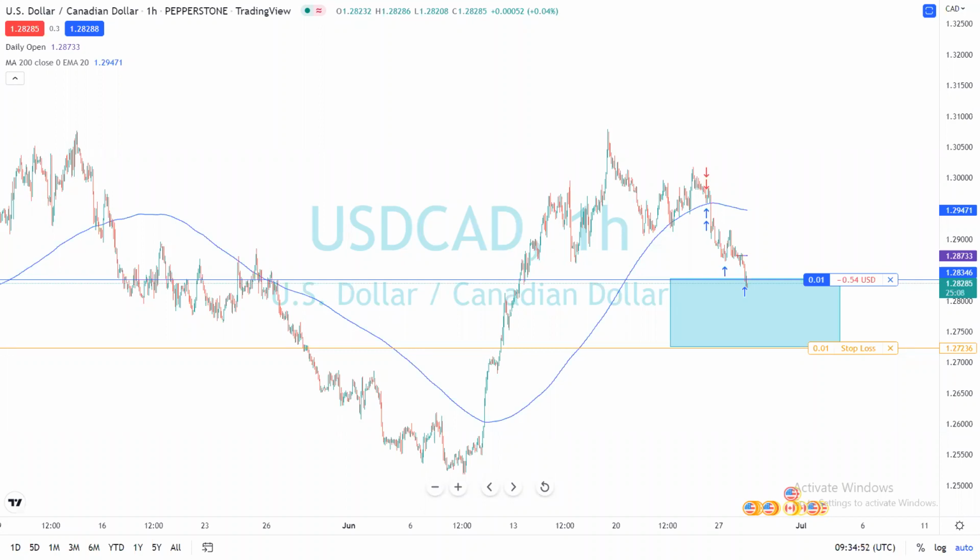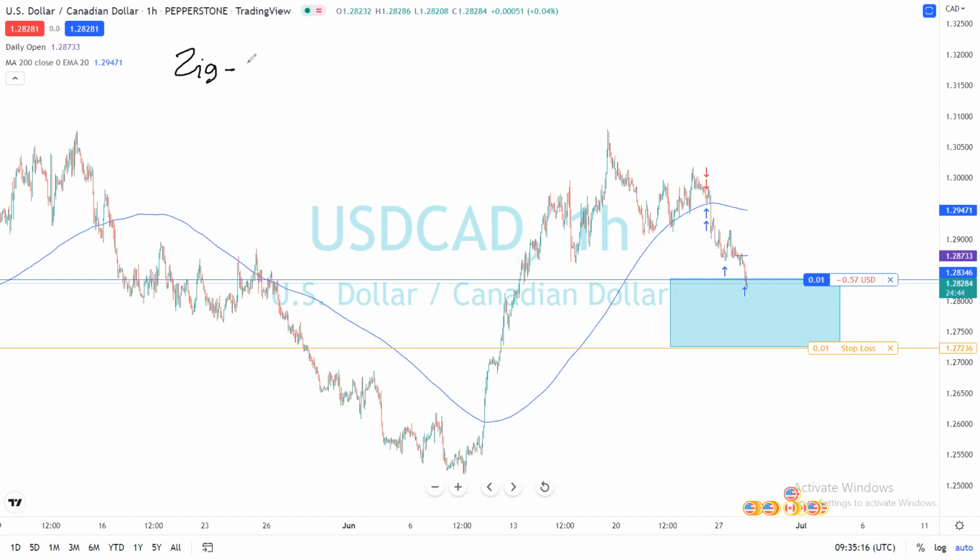Welcome back. Today we are going to be looking at one type of Elliott wave pattern, which is known as the zigzag, and how we can use it to take better trades.